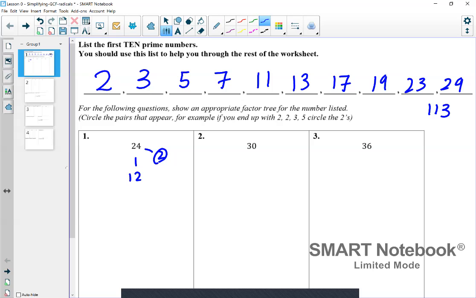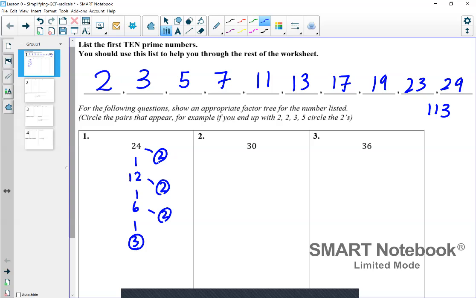But the best way to do it, to keep it organized, is keep using the smallest prime possible until it doesn't work anymore. So let's divide by 2. We get 6. 2 still works, so we're going to divide by 2 again, and 6 becomes 3. We know we have broken down our number into all the primes because we end with a prime, and 3 is prime, so we're done.